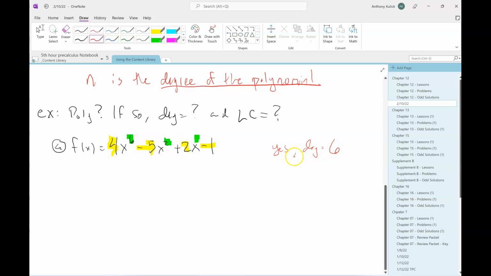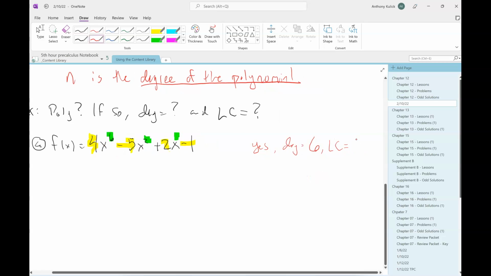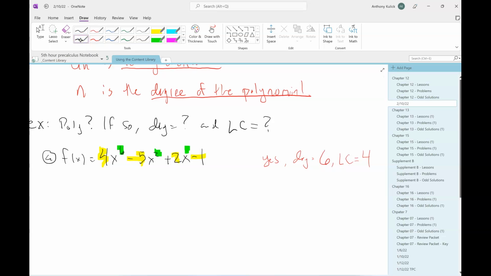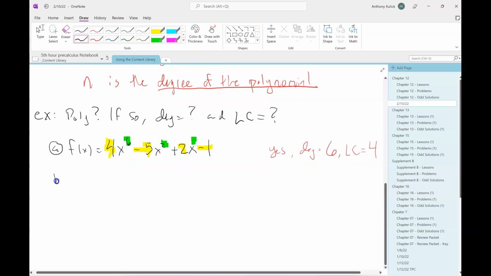Okay. And what's the leading coefficient? It's 4. It's the coefficient on the highest degree term. Okay. Let's continue. We're going to do a bunch of these.